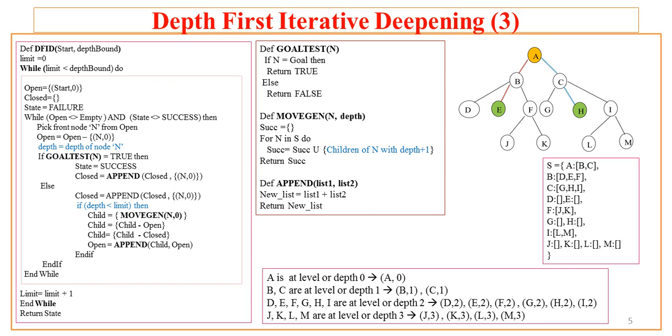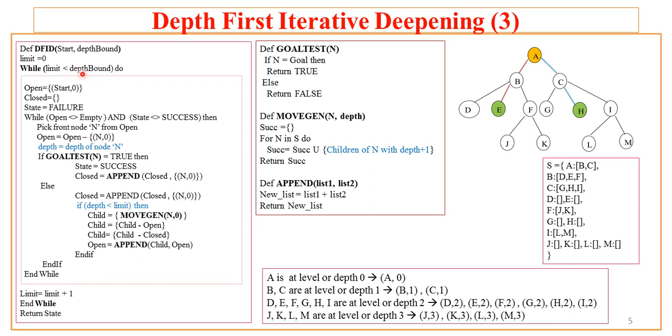Let us now understand the actual algorithm of depth first iterative deepening search. It needs a starting point, that is the starting node information, as well as the depth bound. Initially the limit, that is the level at which the algorithm should start, is given, and that level is always checked with the depth bound.